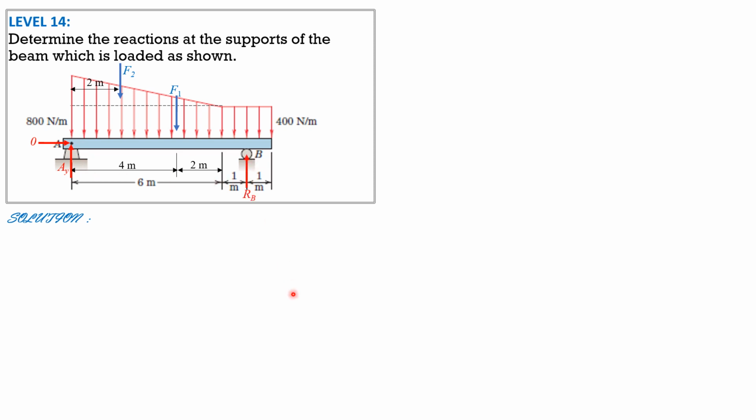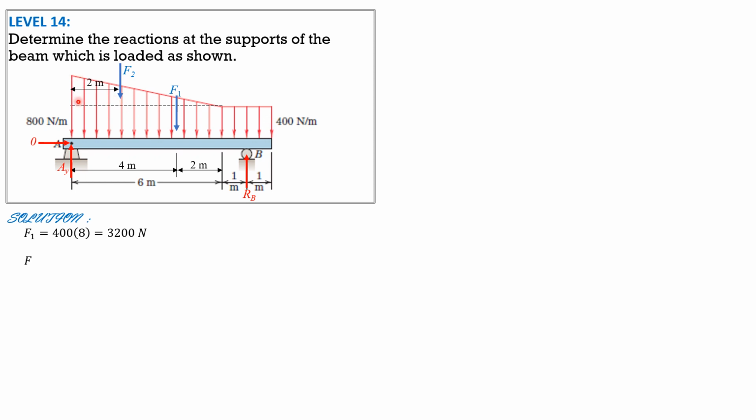So summation of moments about B equals 0, clockwise positive. So F1 is 8 times 400, 3,200 newtons. F2 is 1/2 of 6 times, this is 400, 800 newton per meter minus 400.